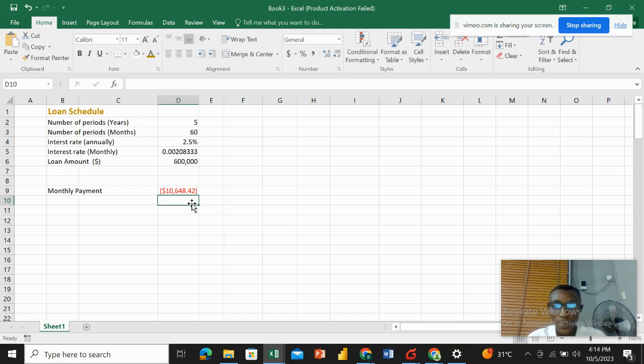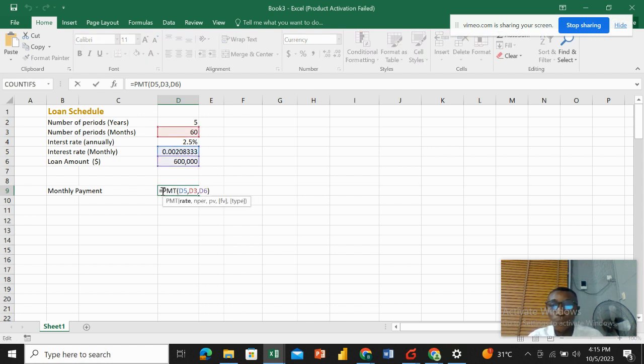Now, before we multiply, Excel has recognized this monthly payment as a deduction. That is why it has this red color on the font.